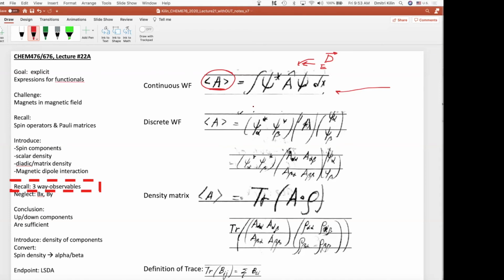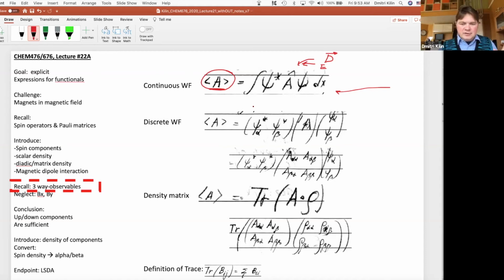Okay, thank you. So this was the basic that we all should be comfortable with, and now I'll do a little advancement. If the wave function is a two-dimensional vector, then in discrete form the wave function with star will be a row, the wave function without star will be a column, and the operator will be a 2 by 2 matrix.